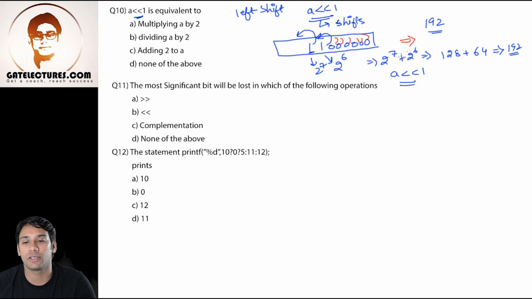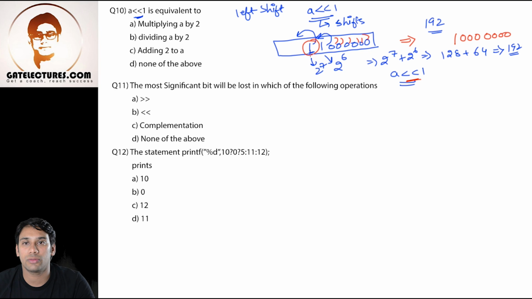The new value after this operation is going to be 1 0 0 0 0 0 0 0, and the last one is lost because this is only a 1 byte variable. So every bit is shifted to the left, which means I'm losing 1 bit.